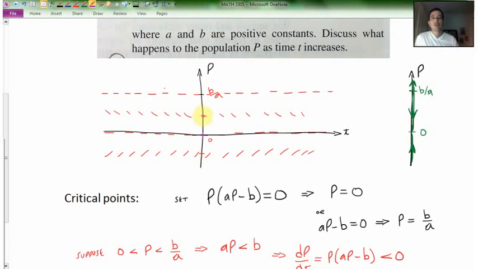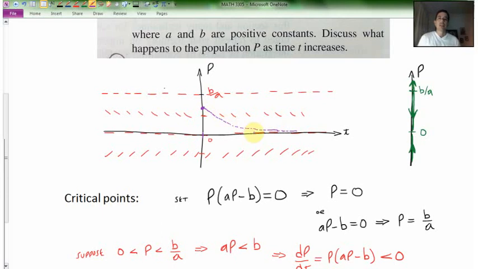If the initial population is between 0 and B over A, then what's going to happen? Let's say the initial population is here. The population will start to decrease because the slopes here are negative. So the population will go down until it reaches this equilibrium point, where the slopes are 0.